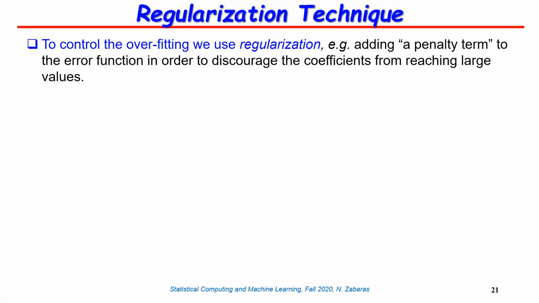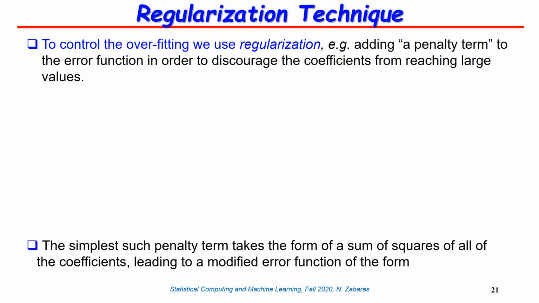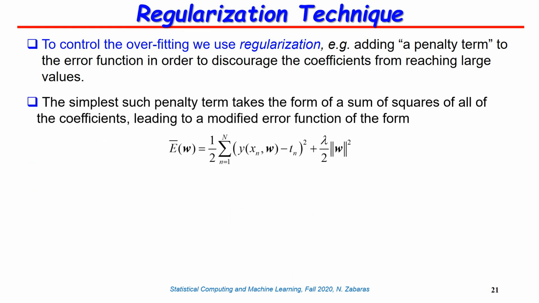Okay, if you remember, we talked about how, when we have overfitting, the coefficients W take very large values, in magnitude, either positive or negative. So somehow, if we can control the magnitude of these coefficients W, maybe we can avoid overfitting. And the way this can be done is with regularization, and this is your first look at regularization.